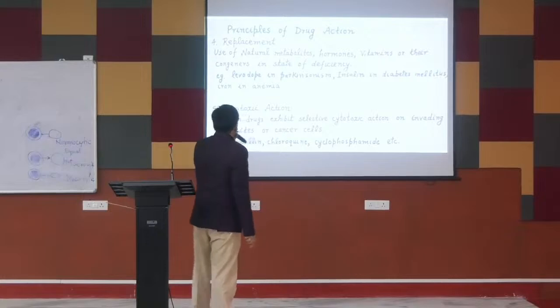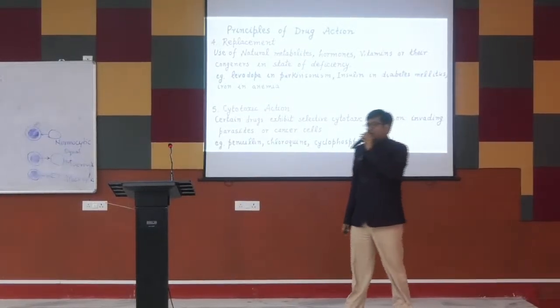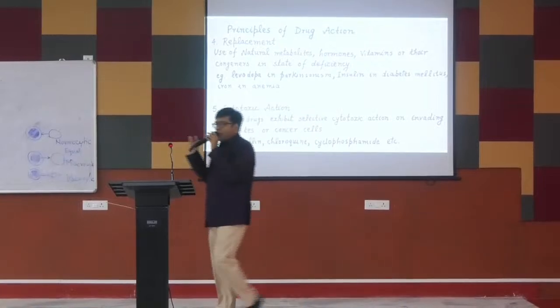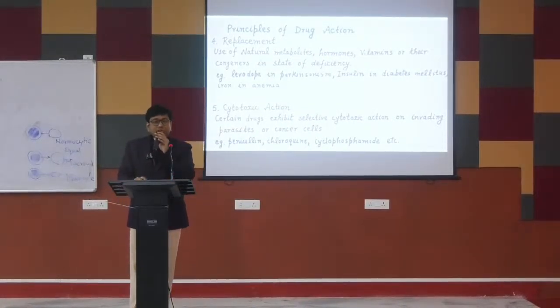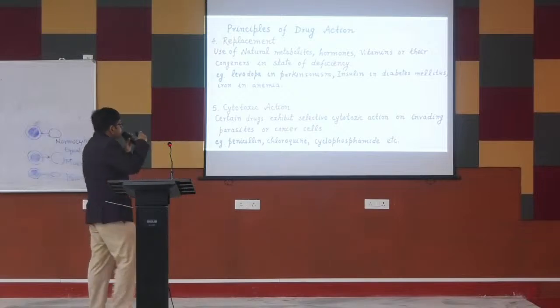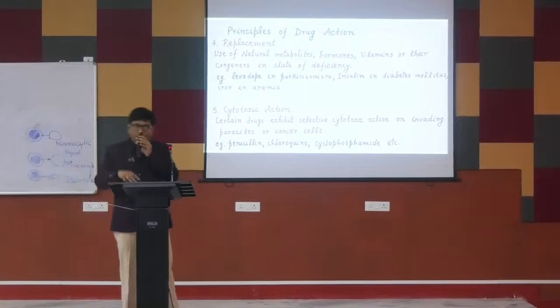Then a drug can act by replacement. The best example is not written in the slide. All of you must have heard about thyroid disorder. Patients take one thyroid hormone tablet early morning on an empty stomach. So thyroid hormone is not being produced in their body properly, so you have to replace it from outside.